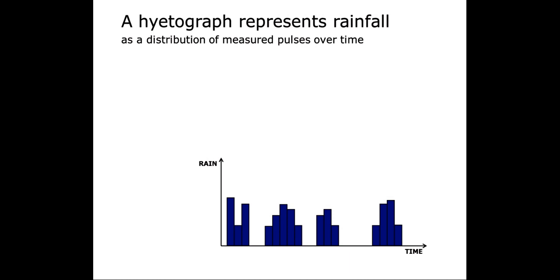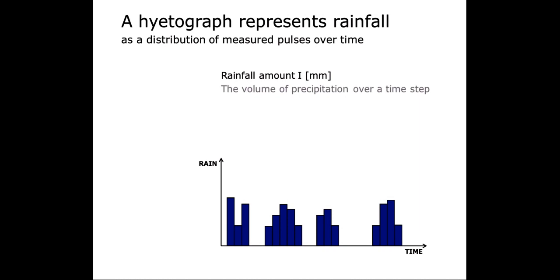This period can be 5 minutes, 10 minutes, half an hour, 1 hour, depending on how the rainfall is measured. The rain itself on the y-axis will be either a rainfall amount, which will be designated as capital I, and this will be a volume of precipitation over the total time step.